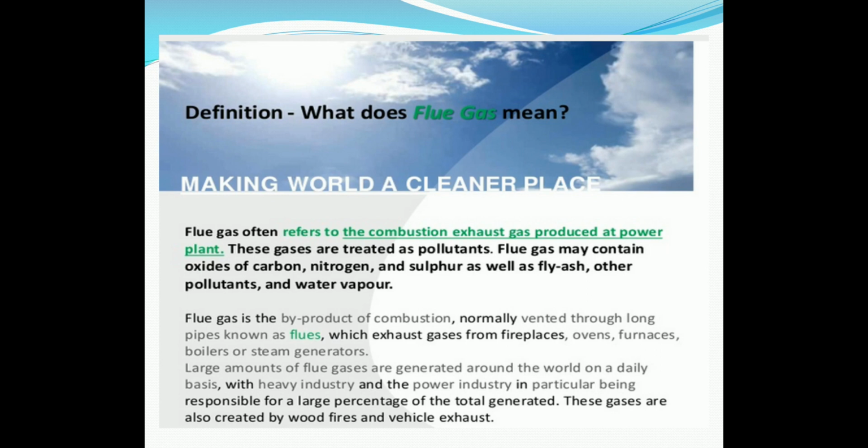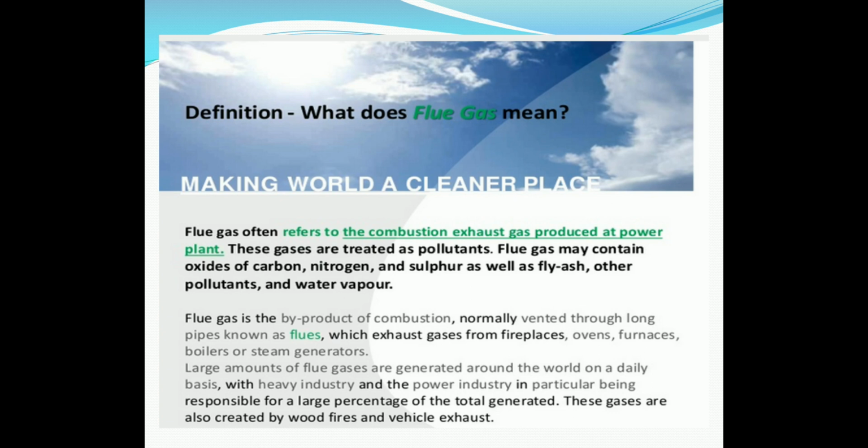First of all, let us see what this flue gas is. Actually, flue gas is the combustion exhaust gas produced at power plants, boilers, fireplaces, ovens, furnaces, or steam generators. These gases are treated as pollutants. Flue gas is the byproduct of combustion, normally released out through long pipes called chimneys, otherwise called flues.